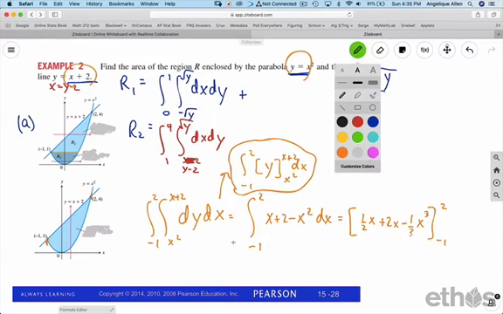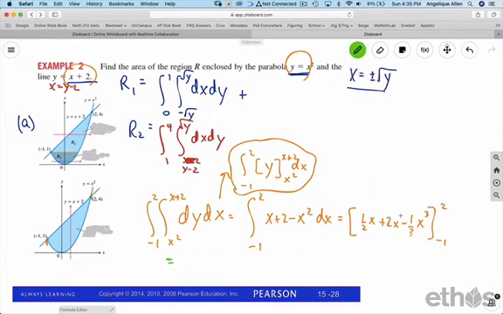Subbing in 2: 2 squared is 4 times 1/2 is 2, and then 2 times 2 would be plus 4, and 2 to the third power is 8 over 3.